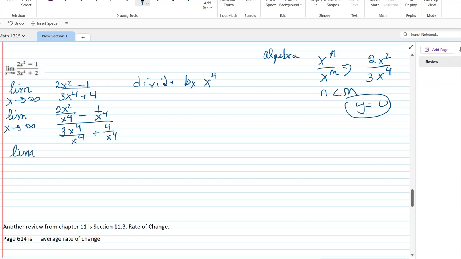So we're going to have the limit as x approaches infinity of, and now this will reduce to 2 over x squared minus 1 over x to the 4th. And on the bottom, I'm going to end up with a 3 plus a 4 over x to the 4th. Okay, now I'm going to take the limit.